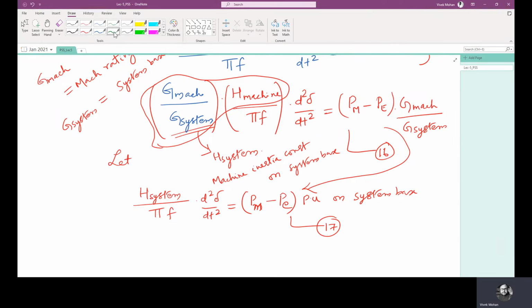Now if these machines are swinging in unison, that means if multiple machines are there and a disturbance happens, then some machines will accelerate and some other machines will decelerate, but the rate of acceleration and rate of deceleration will be the same.